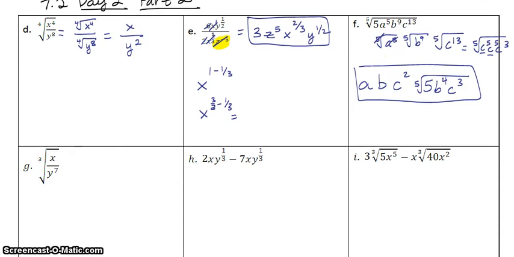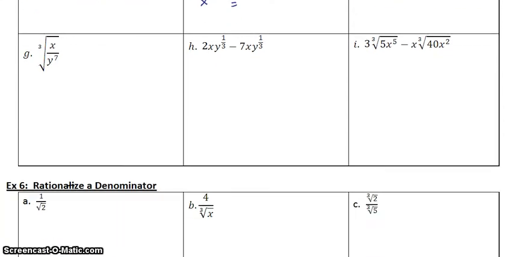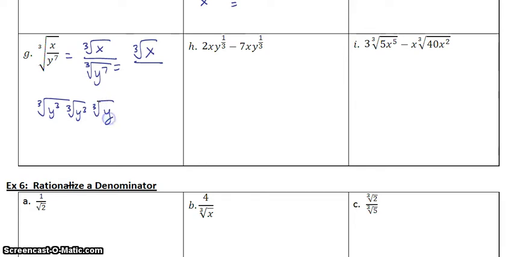Moving right along, part G. So here's what's happening with part G. I'm going to split this up into cubed root of x divided by the cubed root of y to the 7th. On top, I'll just leave that cubed root of x. On bottom, I'm thinking in my mind 7 divided by 3, or I can think y cubed, y cubed, y to the first, because 3 plus 3 plus 1 is 7.